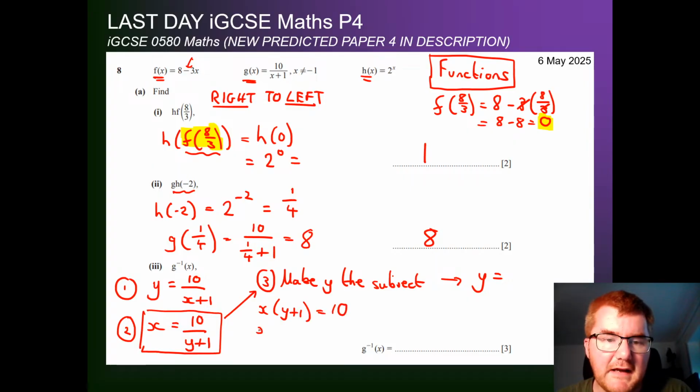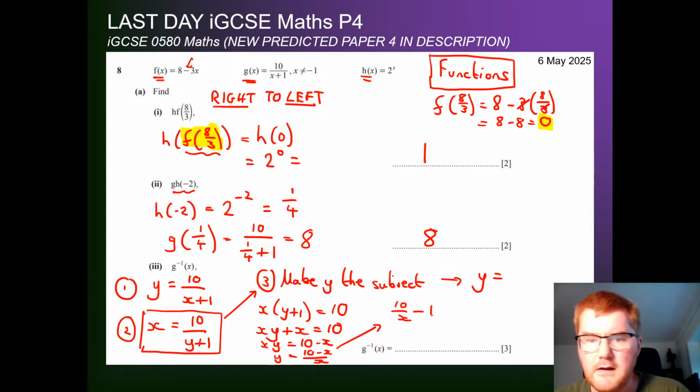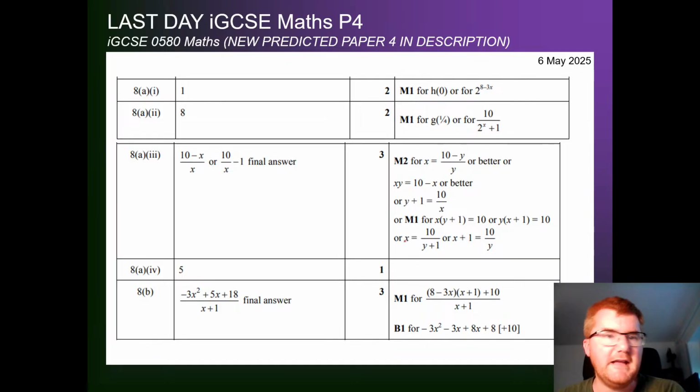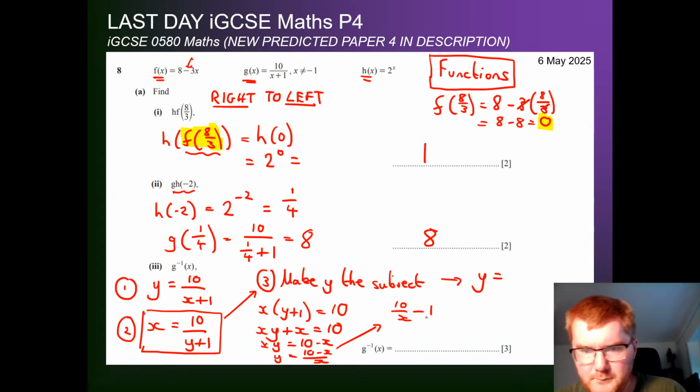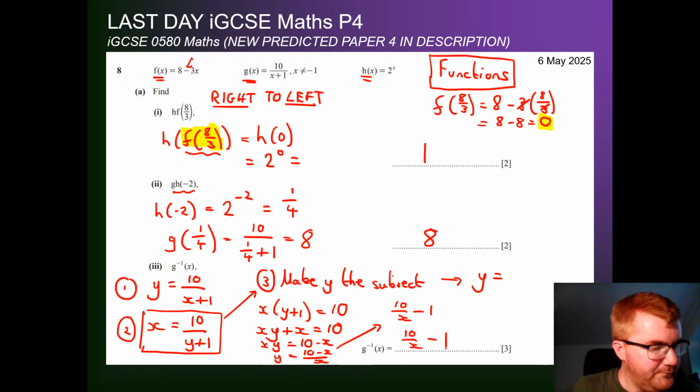Then expand, so xy plus x is equal to 10. Then we have xy is equal to 10 minus x. And then y equals 10 minus x over x, which can be simplified to 10 over x minus 1. I'll be interested to see what they have here. Yeah, they can take both answers. What do I prefer? I think I prefer 10 over x minus 1 here, but that's a personal preference for 3 marks.